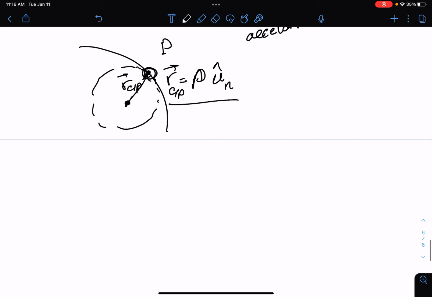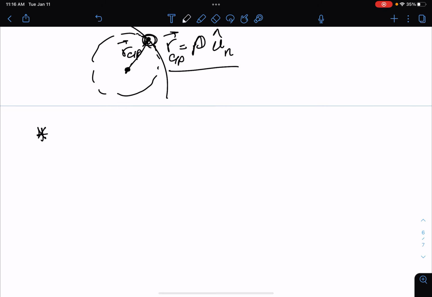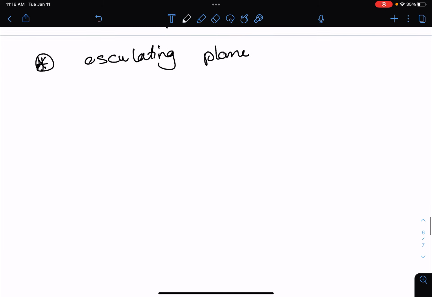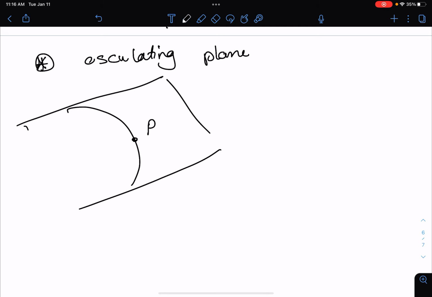So there's one more definition that we want to talk about, and it is called the oscillating plane. The oscillating plane is a plane that passes through your path. And this plane actually can move with your path itself, right? So the oscillating plane is a plane that passes through your path at each location, at each time.